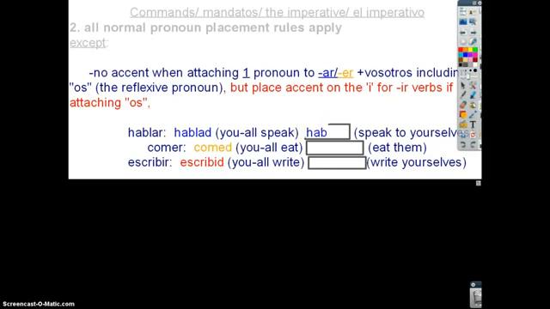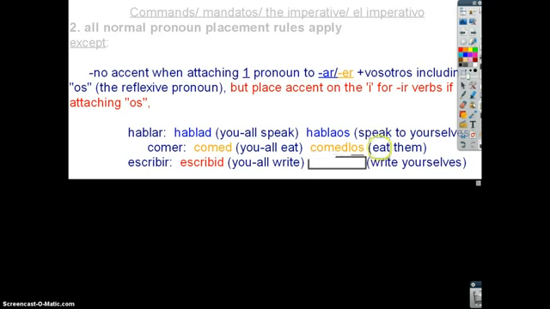Okay, if I want to attach a pronoun to hablar, no accent. I drop the D if I'm adding os, only if I'm adding os or se, but there is no accent. If I attach one pronoun to comed, no accent.